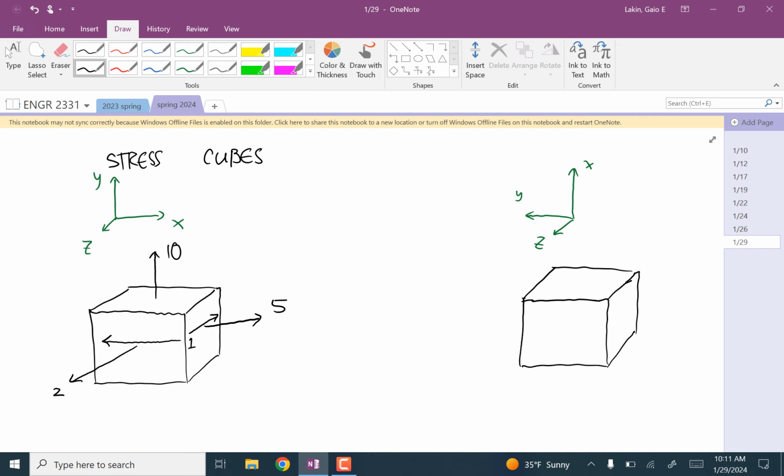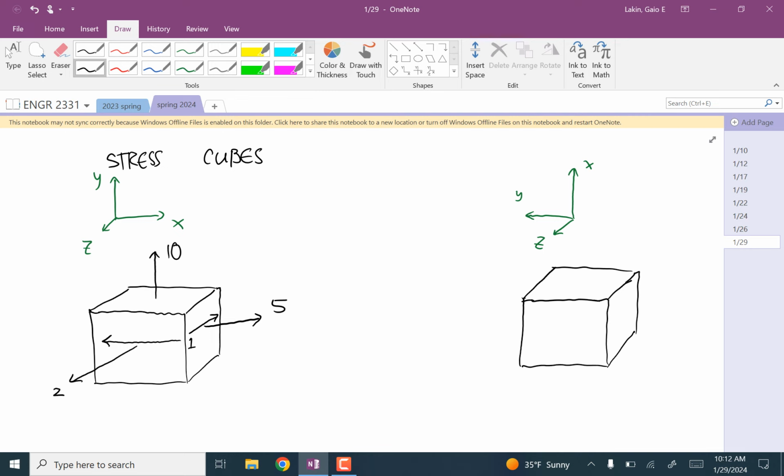Otherwise, the loading is different. You understand what I mean? And so what's going to happen is, when we look at the positive x face now, we expect it to say 10 this way, and that's it. Okay? So now let's read off the values that we calculated.